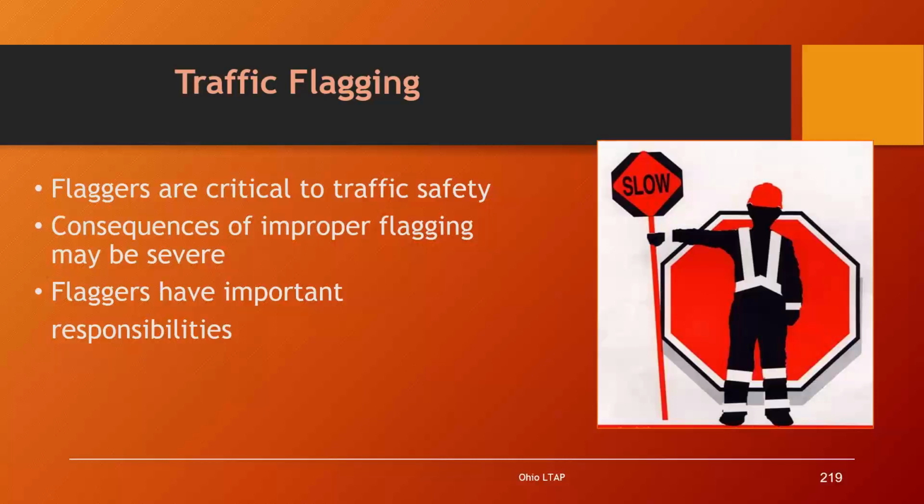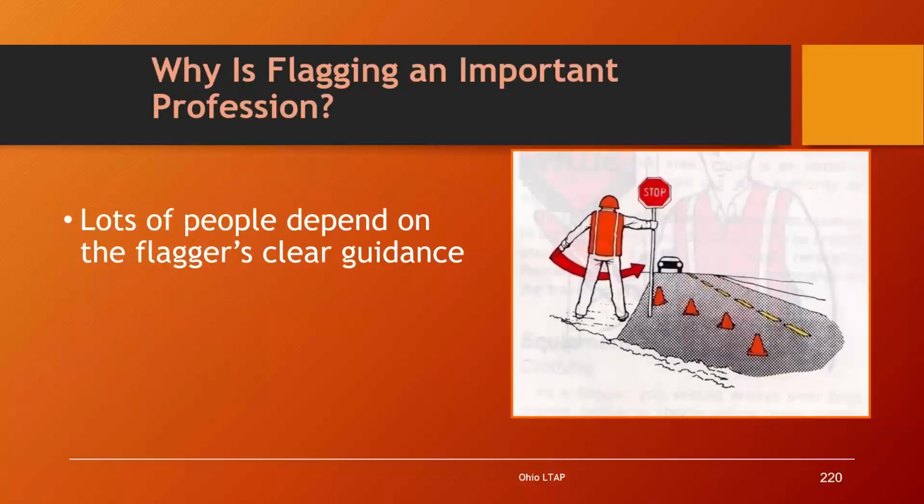We know that flaggers have some very important responsibilities. In this slide, we see a flagger standing in the proper or preferred location on the shoulder of the roadway at the beginning of a cone taper. He's not standing out in the lane.